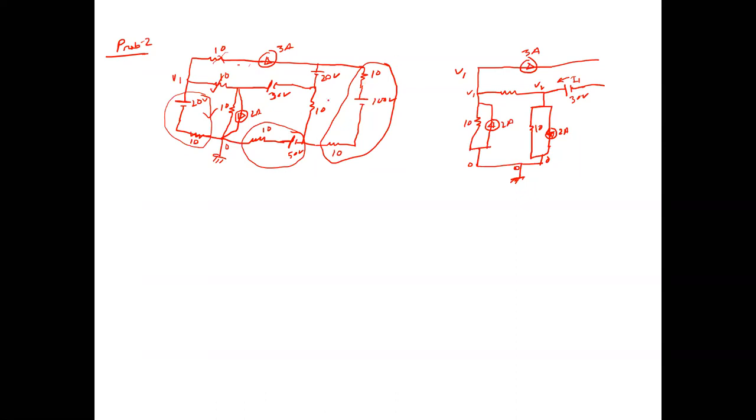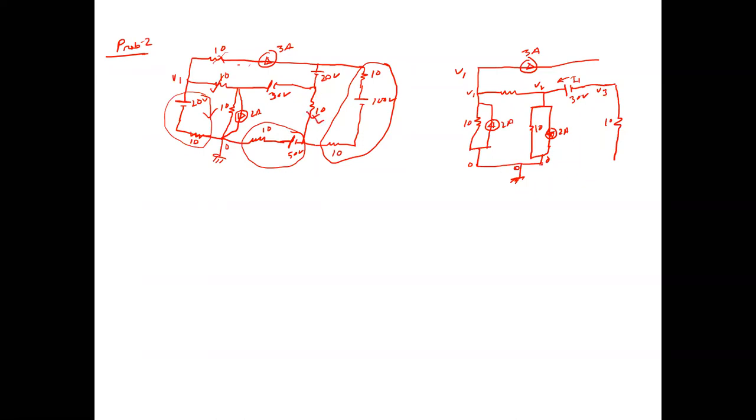Now suppose this part is V2, and this is V3. This V3 portion, this portion has a 1 resistance, and this is the 10 resistance.